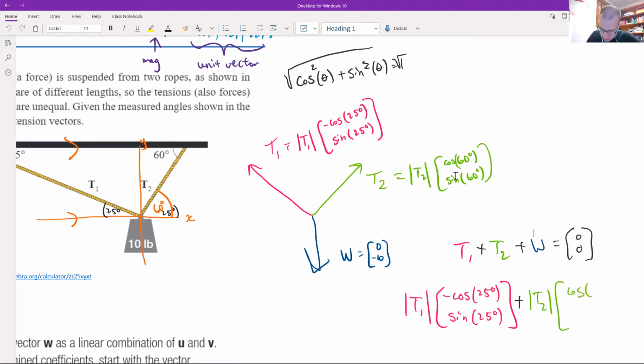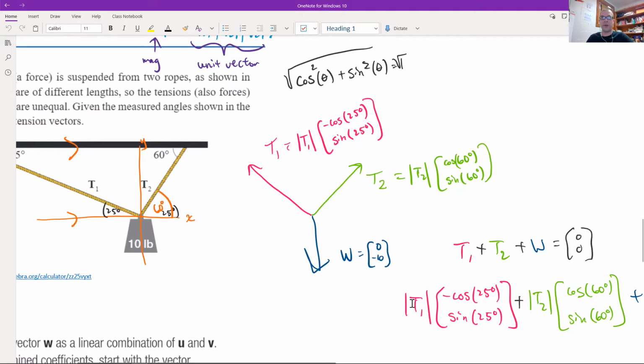Cosine of 60, sine of 60, and then plus W, which, sorry, is 0 and -10. All of that should equal the zero vector.